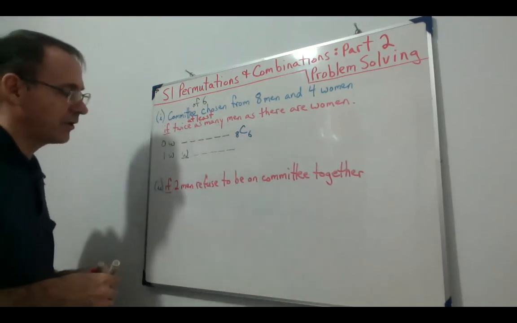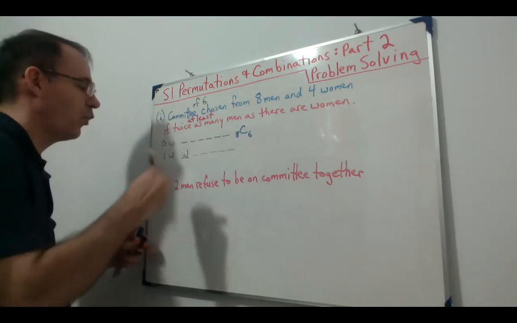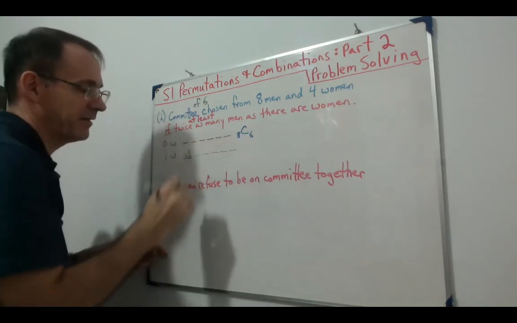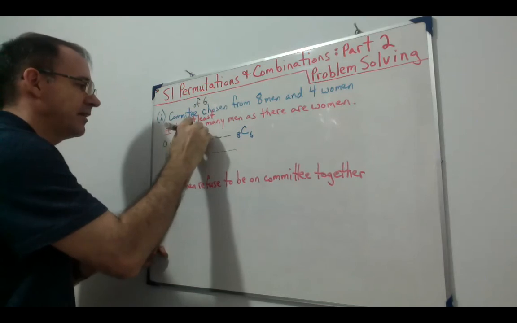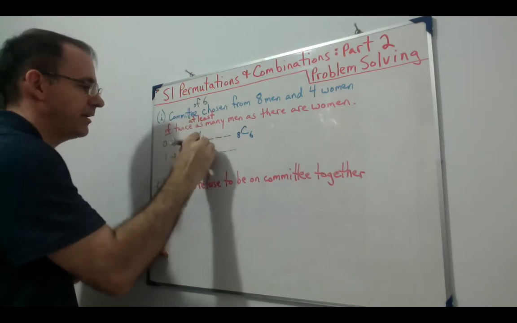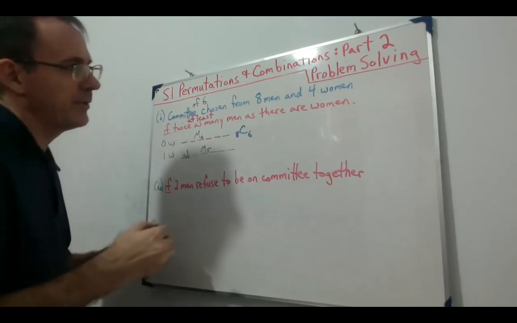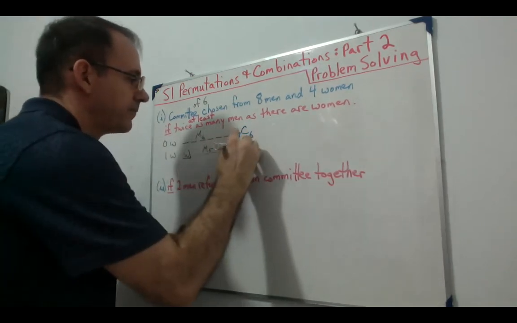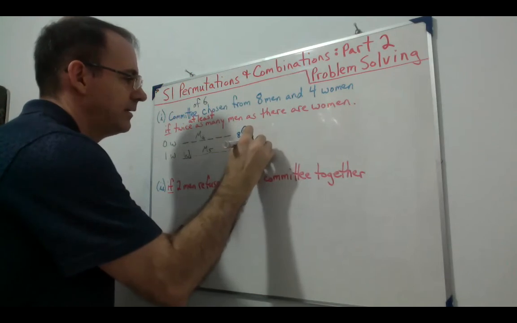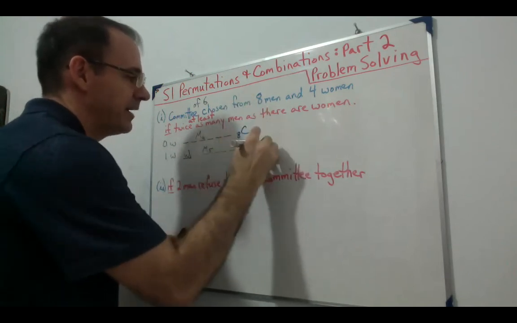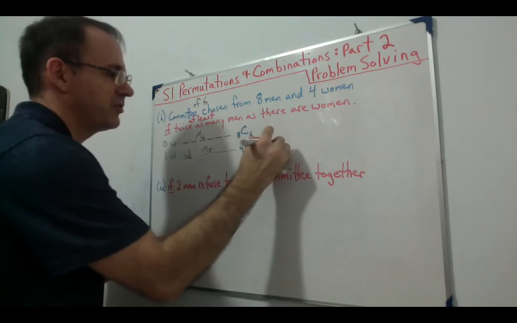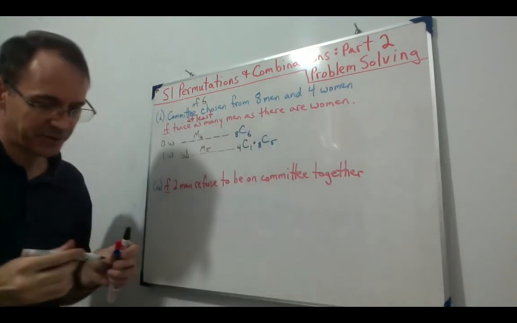So for the woman part, we need 1 woman and 5 men. Here we need 6 men, here we'll need 5 men. So for our 1 woman, there are 4 women, choose 1, times 8 men, and we're only going to choose 5 for this one.